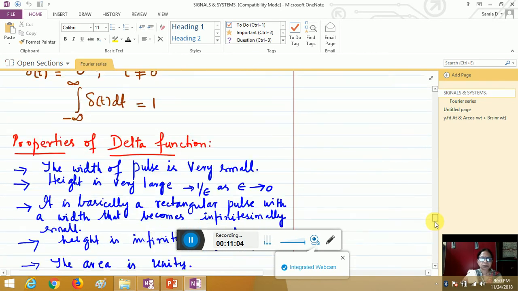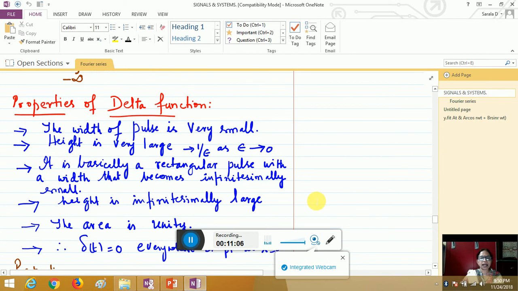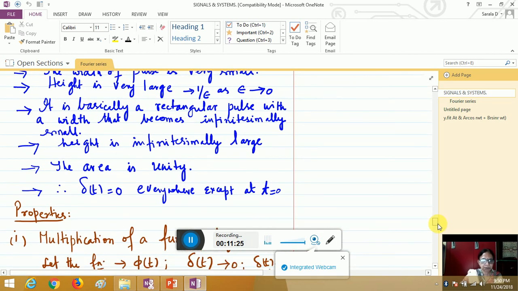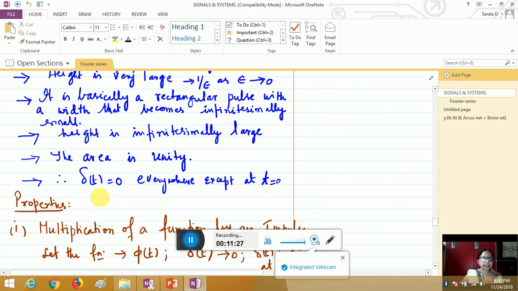The height is given by the expression 1 over epsilon naught, and as epsilon naught tends to 0, it attains a maximum value. It's basically a rectangular pulse whose width becomes infinitesimally small while the height is infinitesimally large. The area is unity, and as we have already seen, delta t is equal to 0 everywhere except at time t equal to 0.